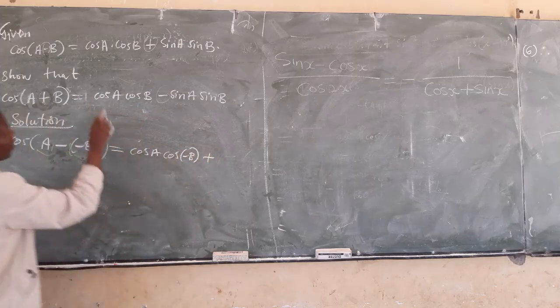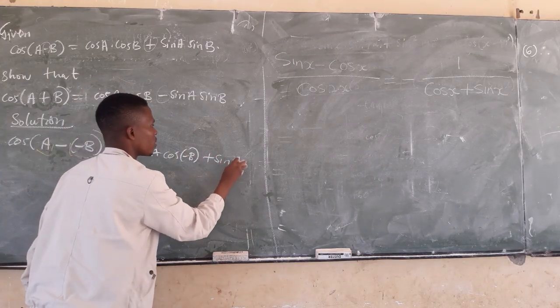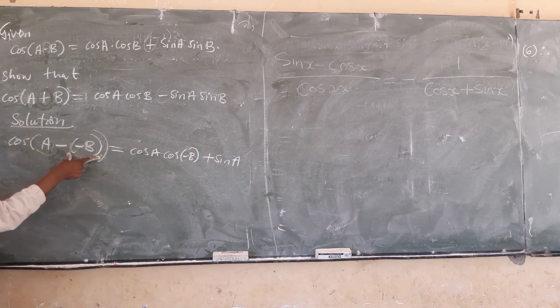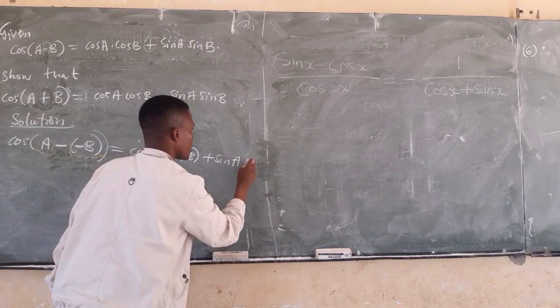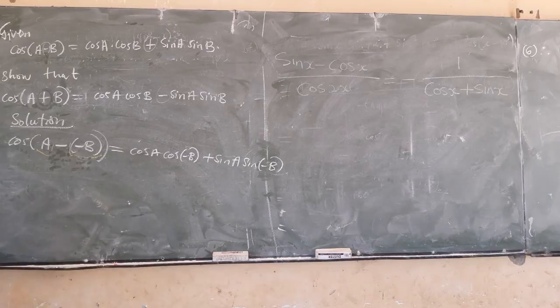Then now here we have sine A. Then now, here we have sine B. What are we going to get? Sine of negative B. Here we are multiplied by sine of negative B. Is there a problem? Everything is still good.